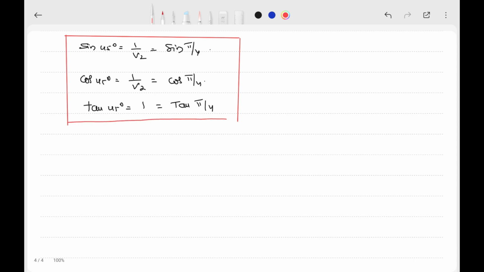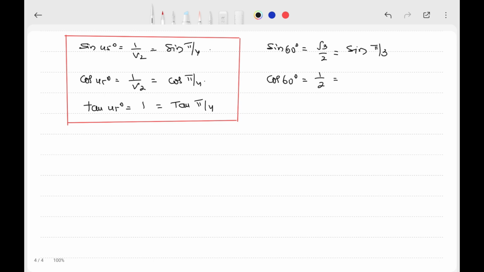Another set of values I also want to give. I will write here. Sin 60 degrees is equal to root 3 by 2, that is sin pi by 3, since 60 is 180 by 3. Cos 60 is equal to 1 by 2, that is cos pi by 3.